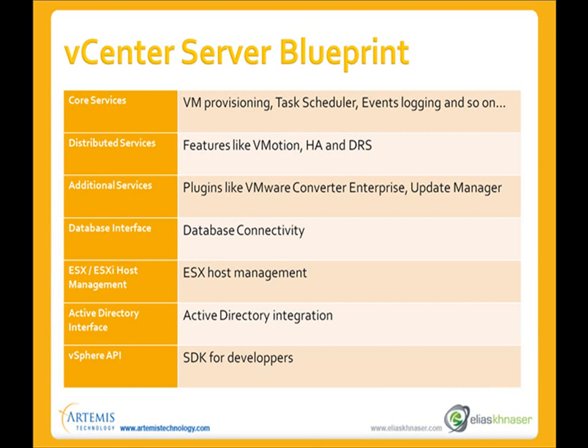So let's say you've installed Virtual Center today. Your available plugins are VMware Converter Enterprise and Update Manager. Two months from now, VMware comes out with another plugin for Virtual Center and gives you this plugin as a standalone installation. You can come on the Virtual Center Server, install this component, and this is the interface on Virtual Center Server that takes care of that.